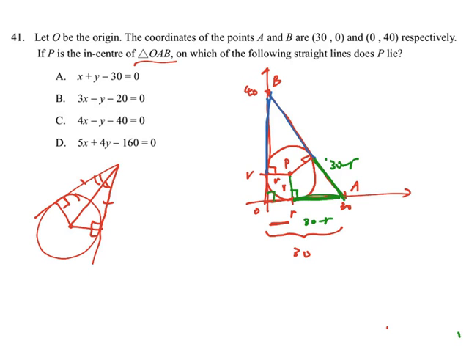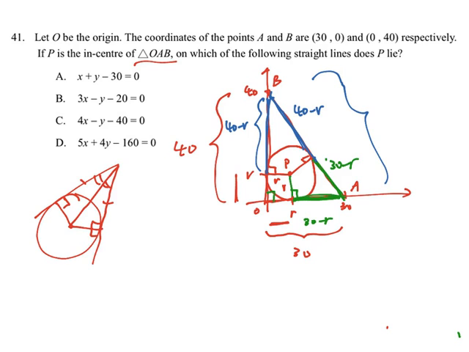And for this one, it is 40. So 40 minus R, so it's here. By using property of tangent, this is also 40 minus R. Actually, we can find AB by using Pythagoras theorem.